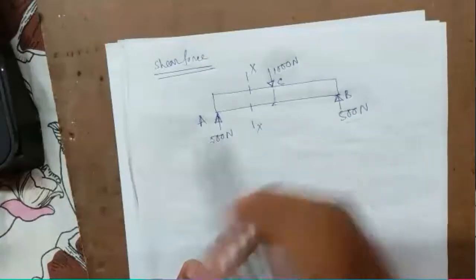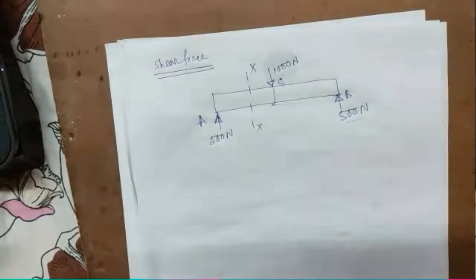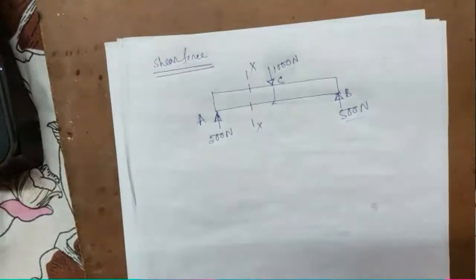So at section XX, we get on the left hand side 500 Newton upward, on the right hand side 500 Newton leftward. So in both the cases, whether you take left hand or right hand, the resultant force is 500 Newton.